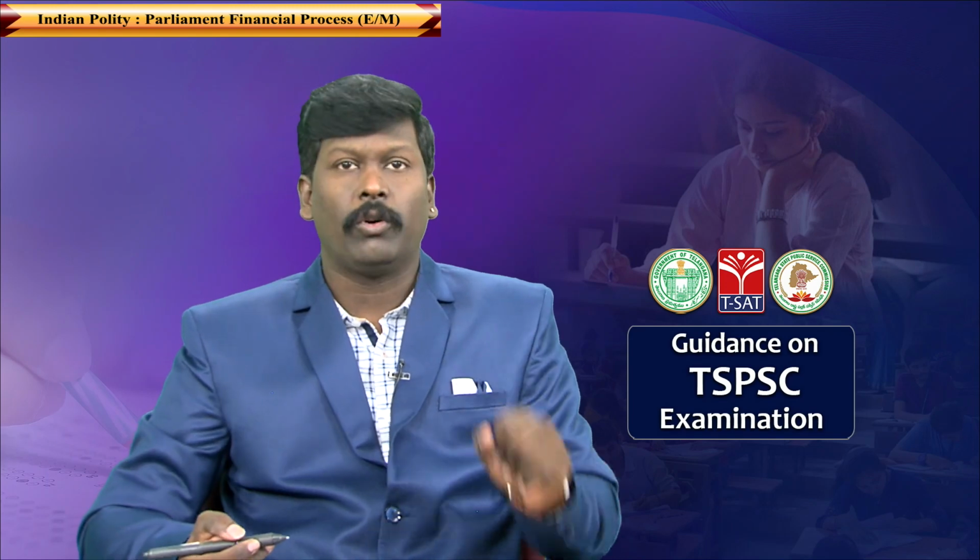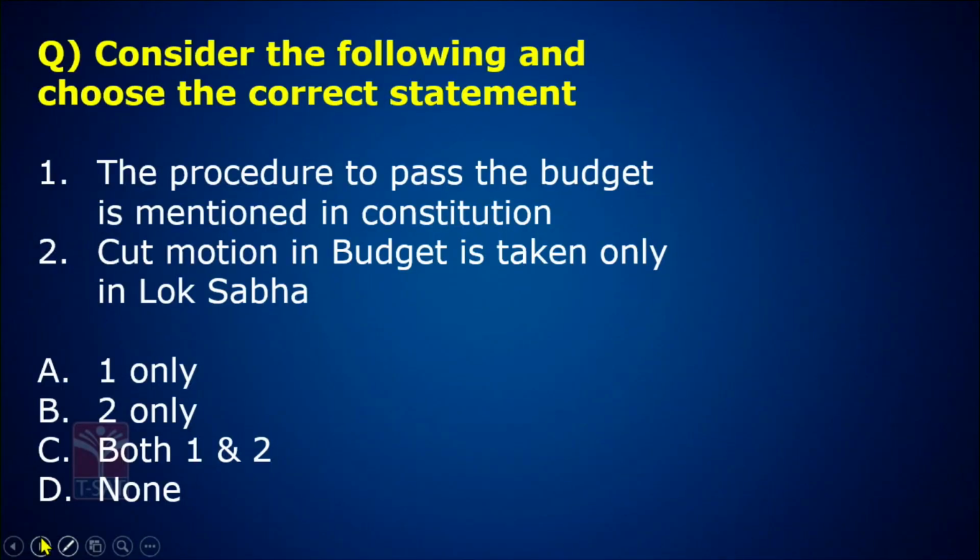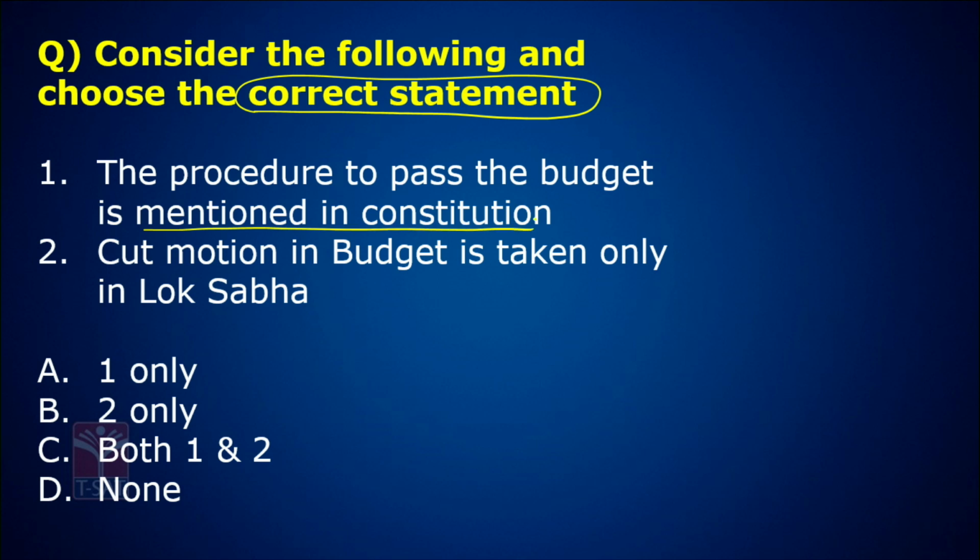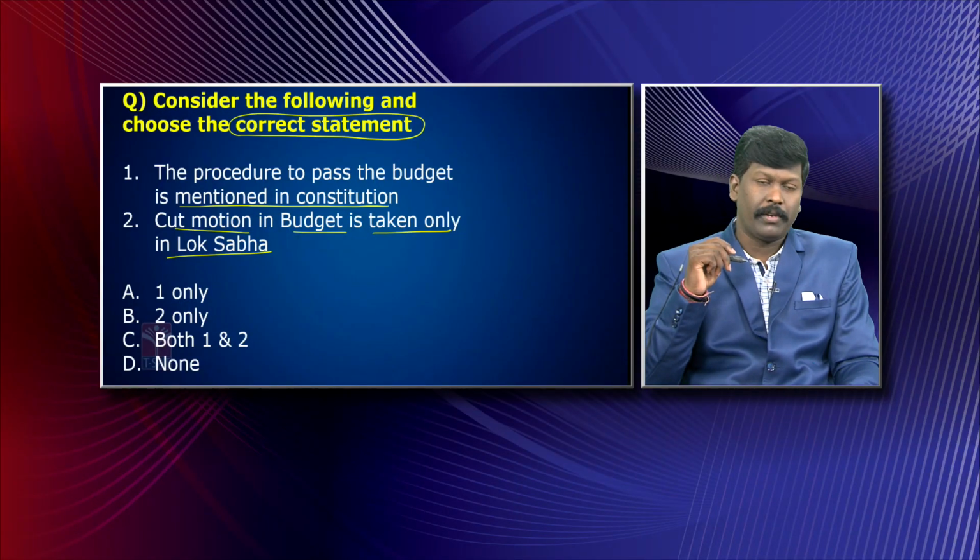Okay. Now let's go on to the next question. Look at the question, friends. Consider the following and choose the correct statement. The procedure to pass the budget is mentioned in the Constitution. Cut motions in the budget are taken only in Lok Sabha. The procedure to pass the budget is nowhere mentioned in the Constitution.